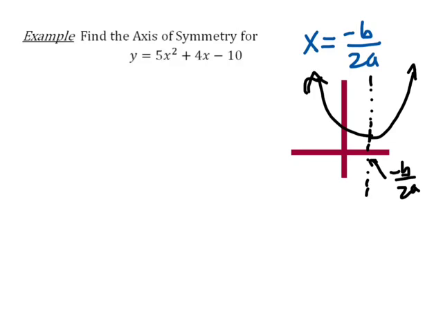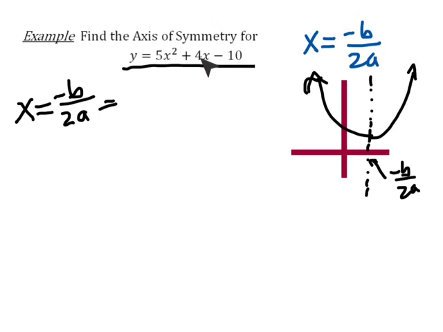All right, so if we have some equation here, we know that x is negative b over 2a for the axis of symmetry, which in this case, our a value is 5, our b value is 4, and our c value is negative 10.